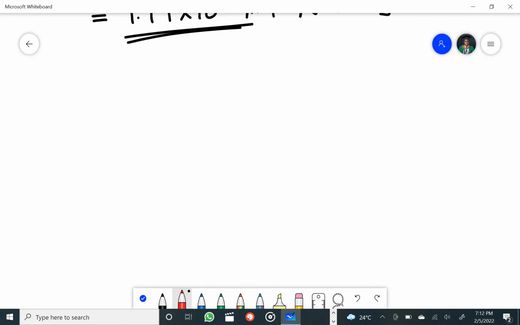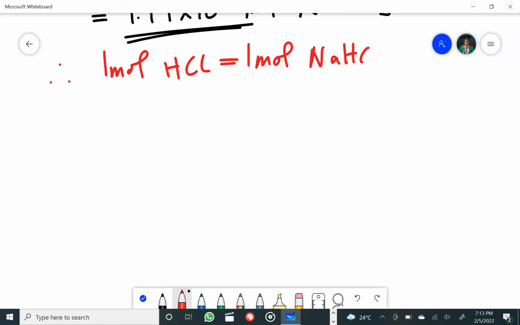So showing the working, you're going to say, since the mole ratio is 1 mole of hydrochloric acid is equal to 1 mole of sodium hydrogen carbonate.